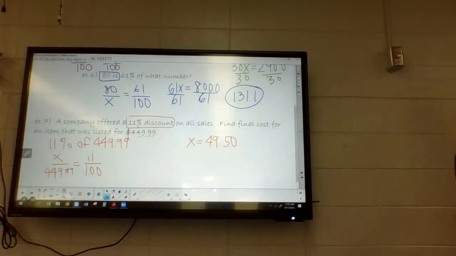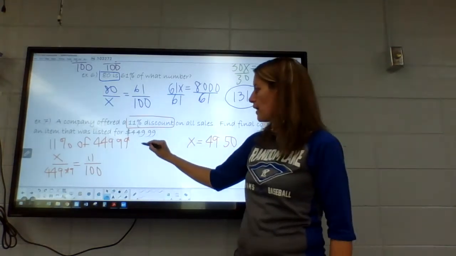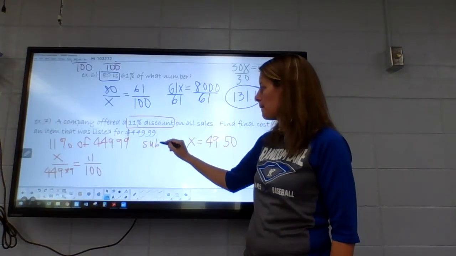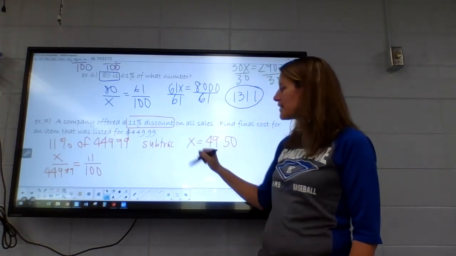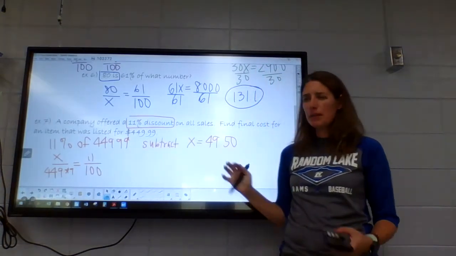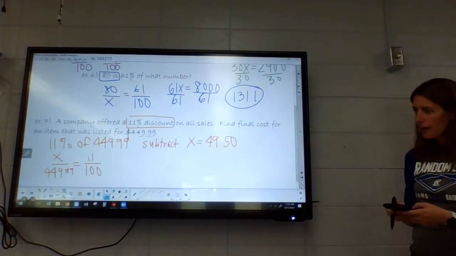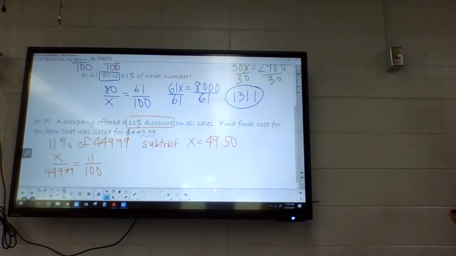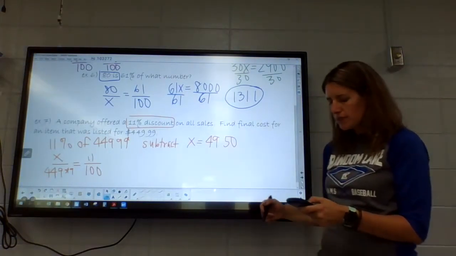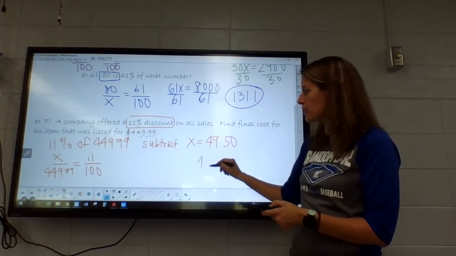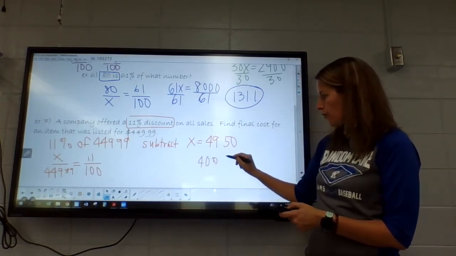So I'm going to take that off of this, so I have to subtract. On the test, I would ask that you show me some of these numbers, the numbers you're working with, so I know what you're up to. And we're left with $400.49.